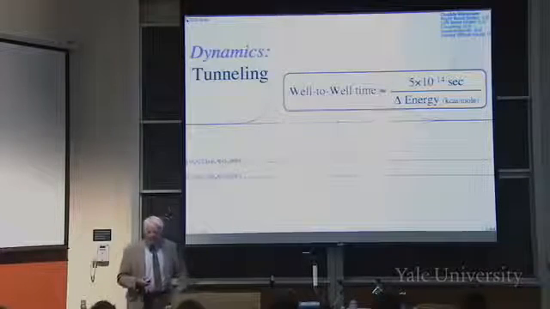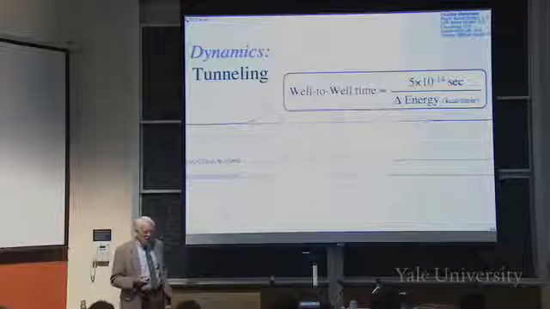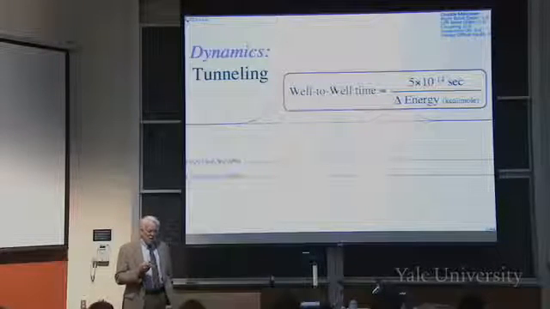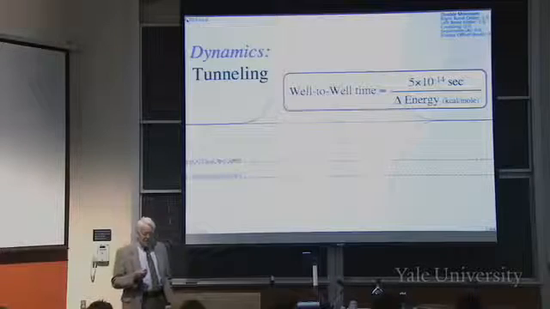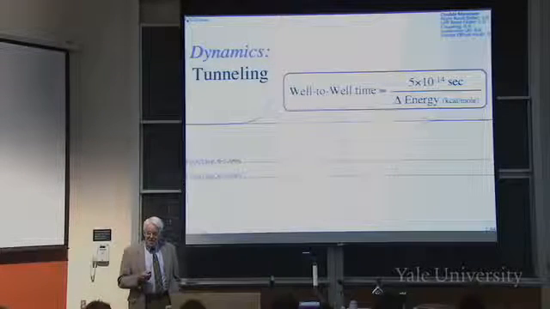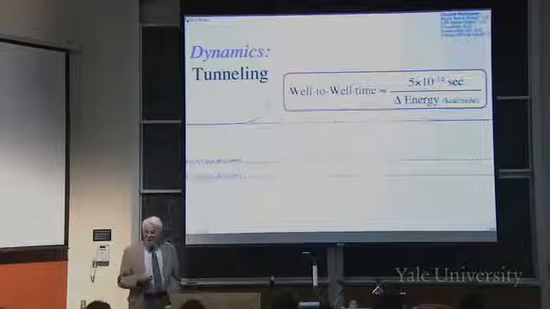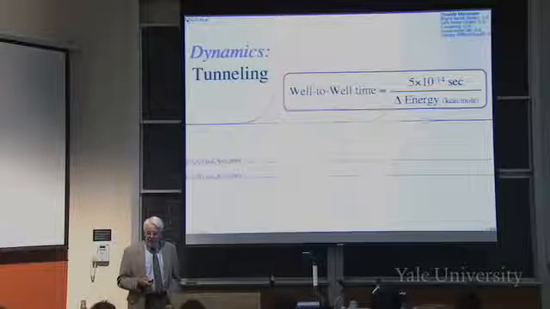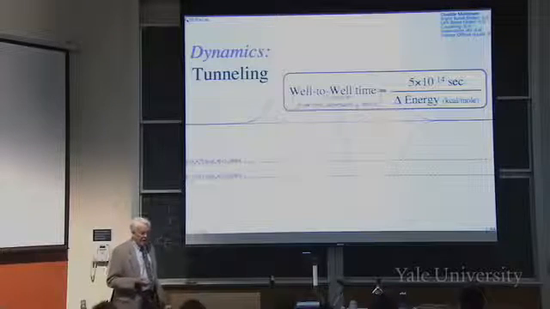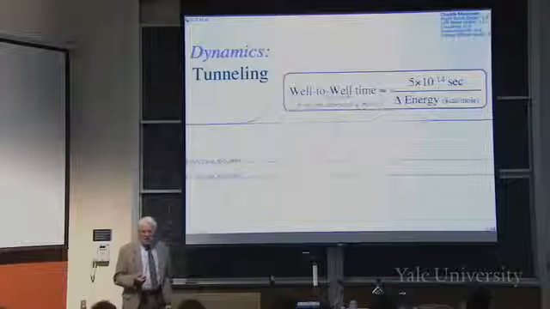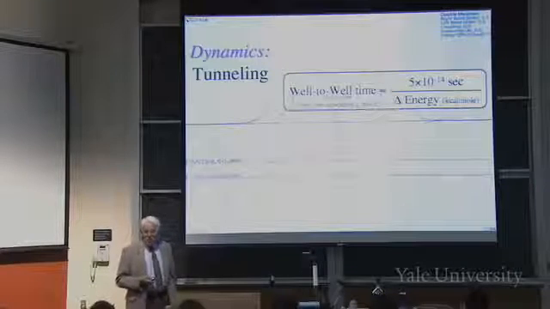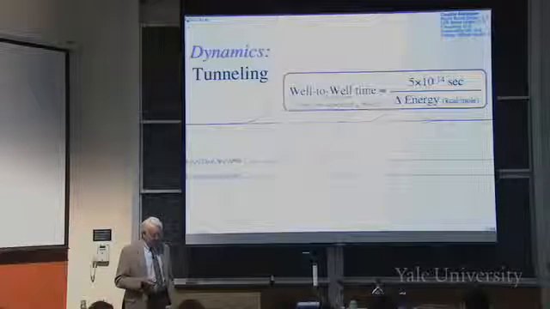But let me just tell you that the answer is if you know the energy difference between the blue and the red, that the rate of getting across is 5 times 10 to the minus 14th seconds divided by whatever that energy is expressed in kilocalories per mole, right? This is just an assertion, and it's based on time-dependent quantum mechanics. It's true, but I'm not telling you why, so you won't be satisfied, I hope, okay?